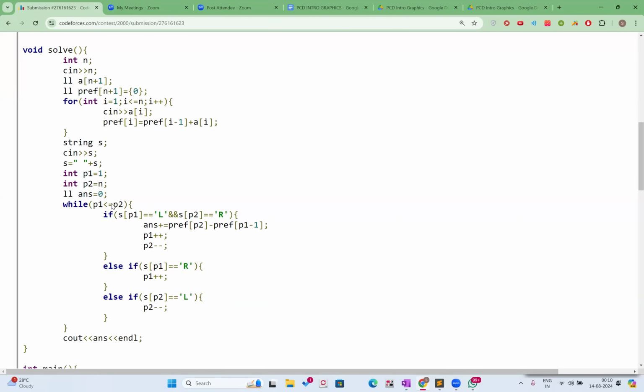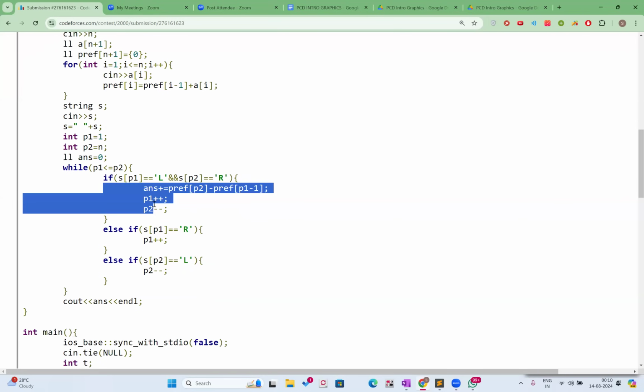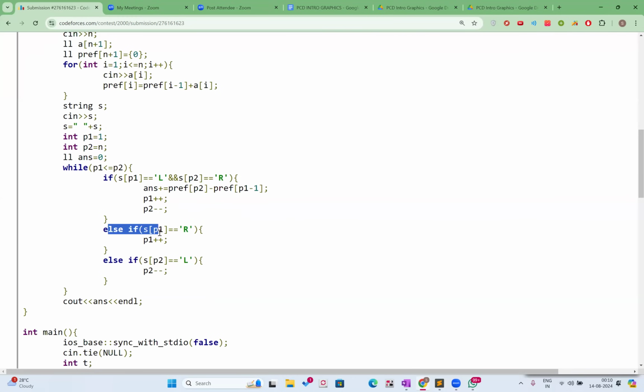So are you clear with the approach, what we are doing? If the lower pointer marks to an L and the higher pointer marks to an R, yes, we add that range sum, and just increment the lower pointer and decrement the higher pointer. Otherwise, if the lower pointer marks to an R, we do not desire that.